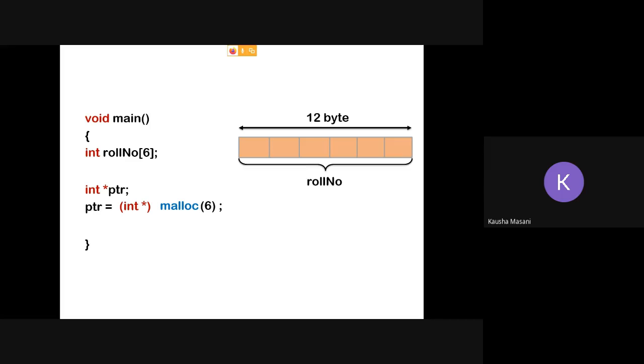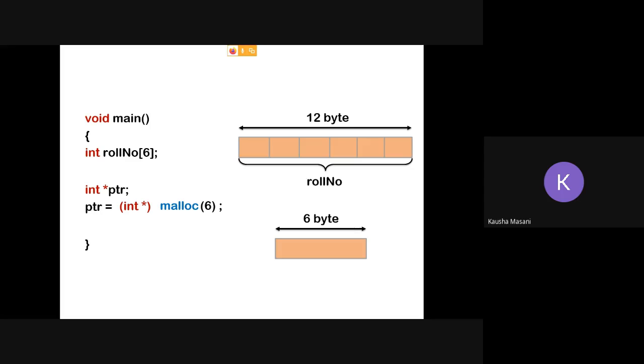When it comes to malloc 6, it is going to assign an entire memory block of 6 bytes. So you need to take care that integer roll number 6 and malloc 6 do not allocate the same amount of memory.